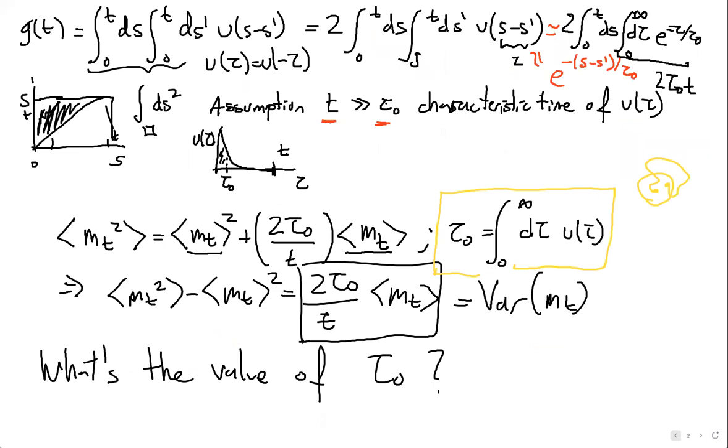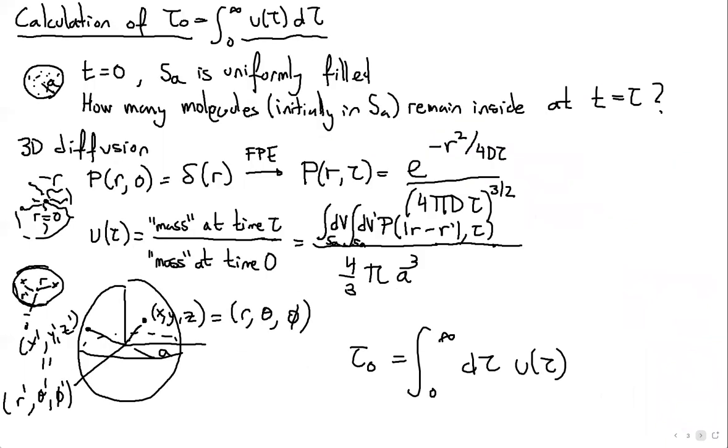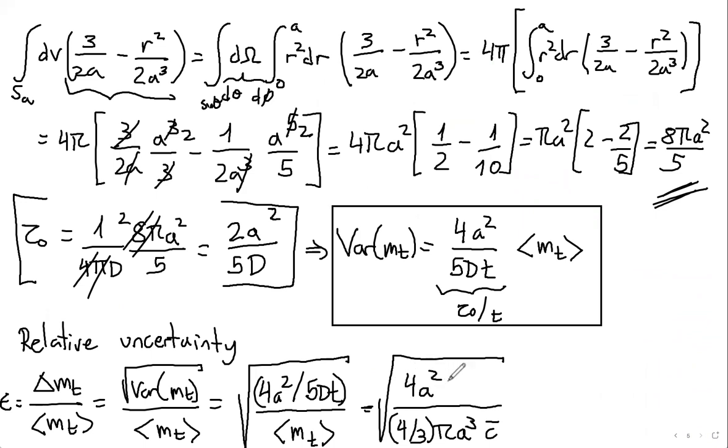But this we know because we have this formula: mt average is 4/3 pi, the volume, times C bar. So we just use that formula. This will be the volume, 4/3 pi a cubed times C bar, and in the numerator we have 4 a squared over 5 dt.